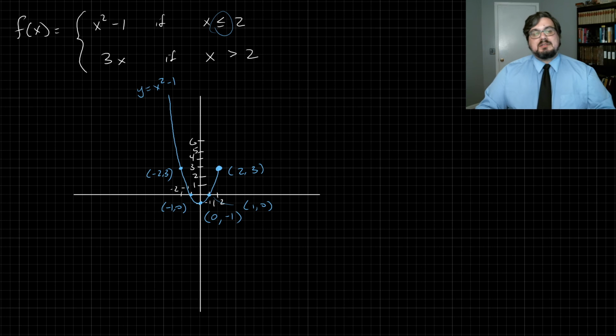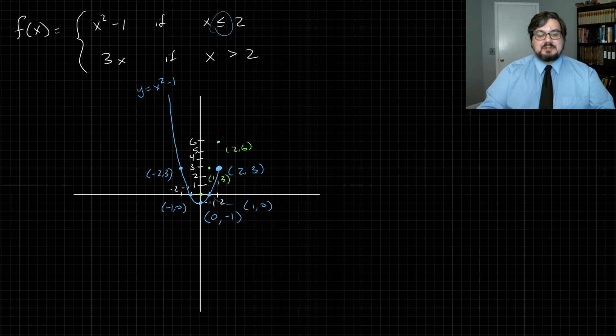All right, so next we can graph the other part of the function. We've got 3x, which applies when x is greater than 2. So if we start off by just trying to graph 3x, we see that, again, this is a linear function, and it's got a y-intercept at 0 and a slope of 3, so it's going to go through the point 1, 3, and then through the point 2, 6.